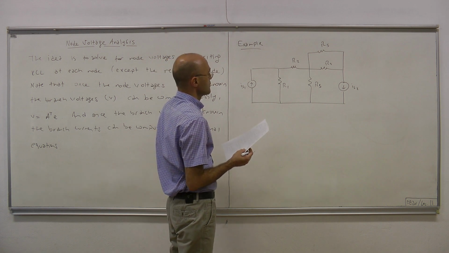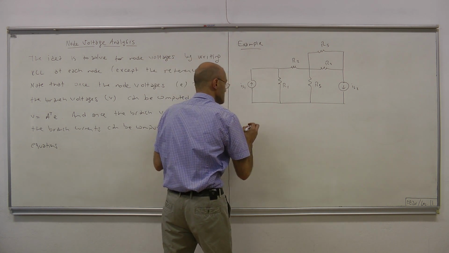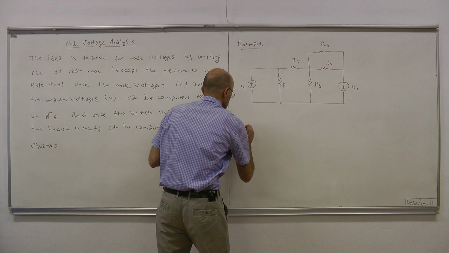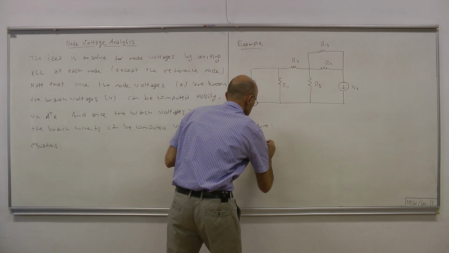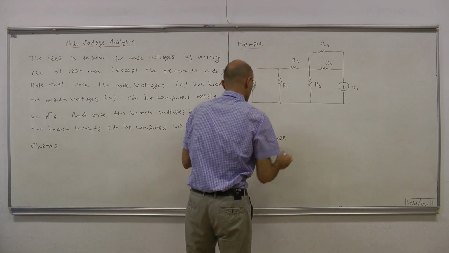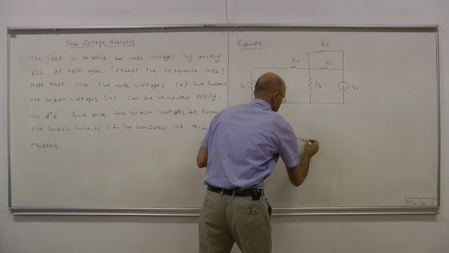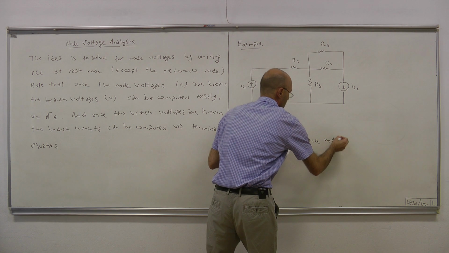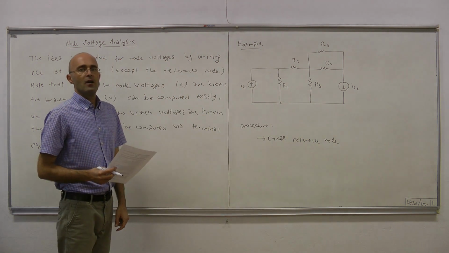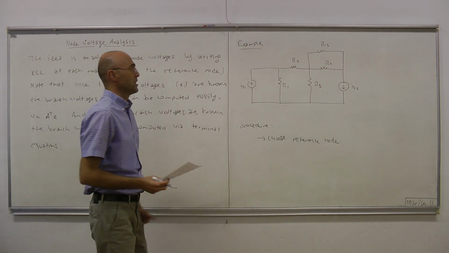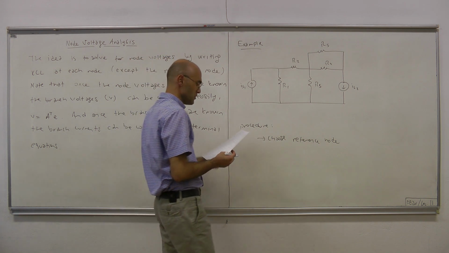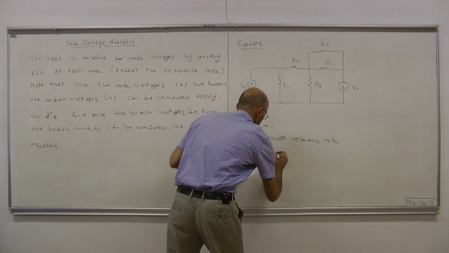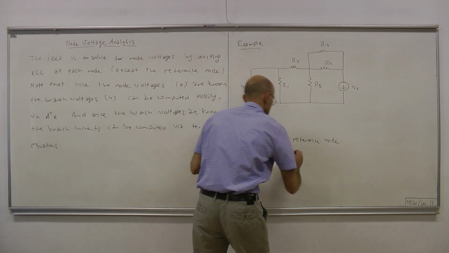So there is a procedure. First, choose the ground node, with respect to which we measure or define all the remaining node voltages, and then label node voltages.